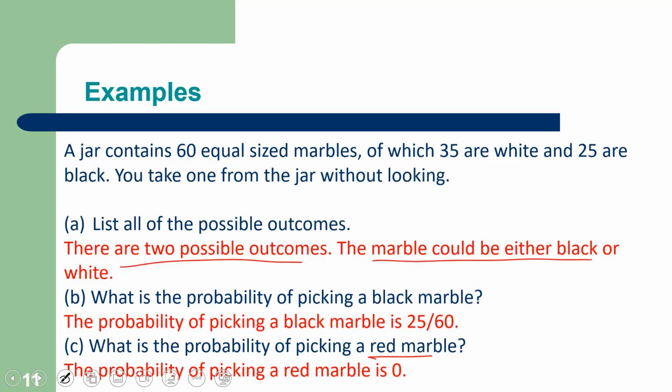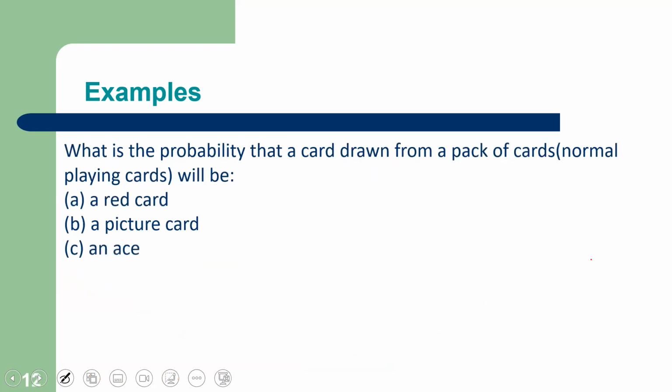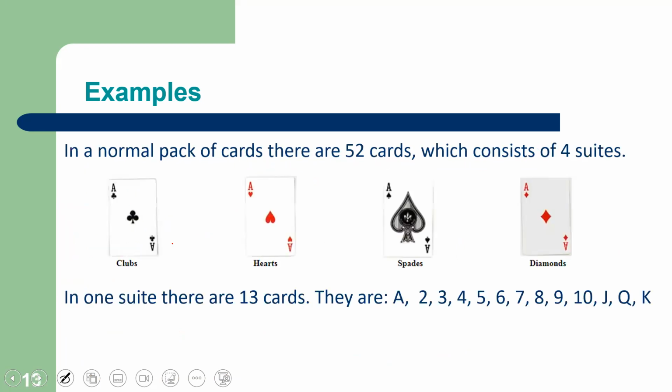So there are two possible outcomes: the marble would be either black or white. Same thing, whatever I discussed. Now, what is the probability that a card drawn from a pack of cards will be a red card, a picture card, or an ace? When you say cards, it means playing cards. Before that, we need an understanding of what kind of cards we have.